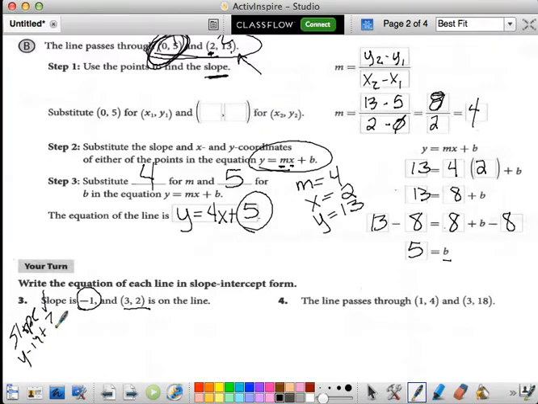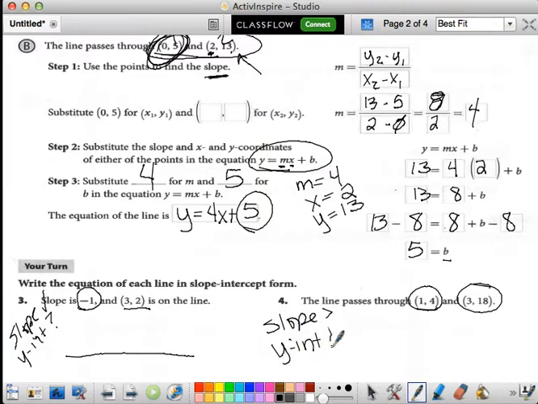So since I don't have the y-intercept, I have to find that, then give my answer. Here I have 2 points. Neither of them is the y-intercept, so I have to find my slope, and I have to find my y-intercept, and then I can give my answer. Okay? As always, make sure that you're showing your work, taking your time, writing down questions that you have, and finish it. Go all the way through and finish so we can go over your answers.